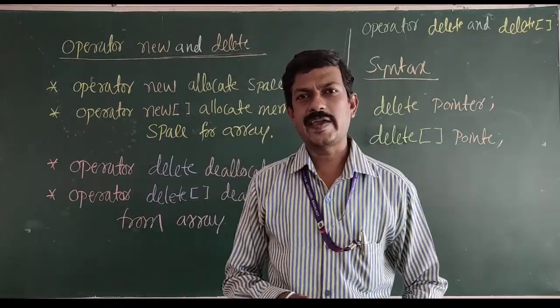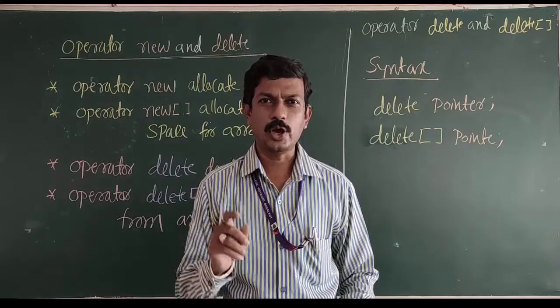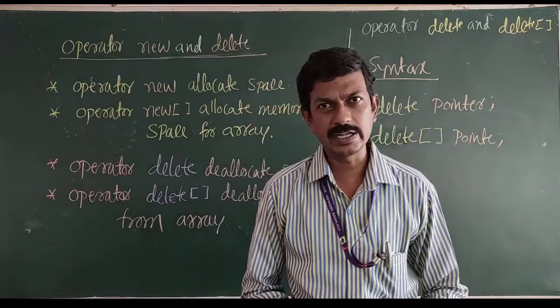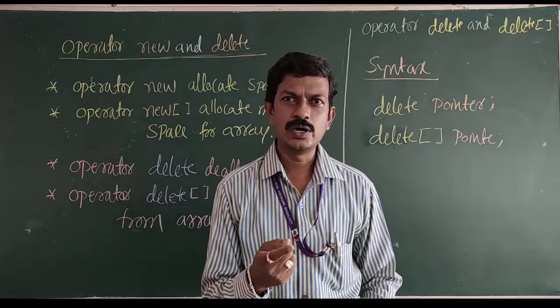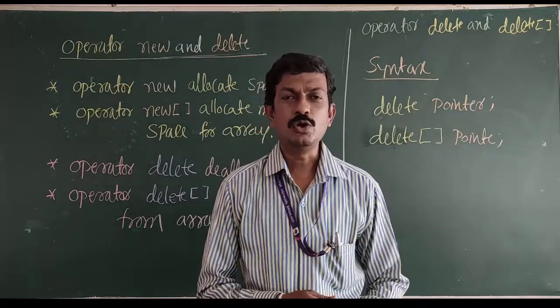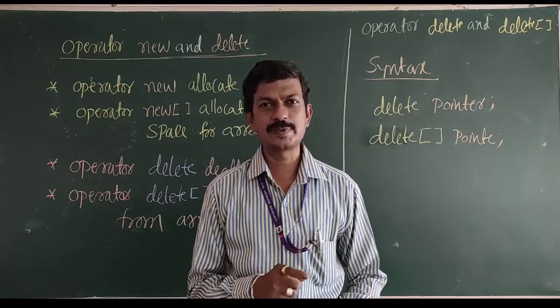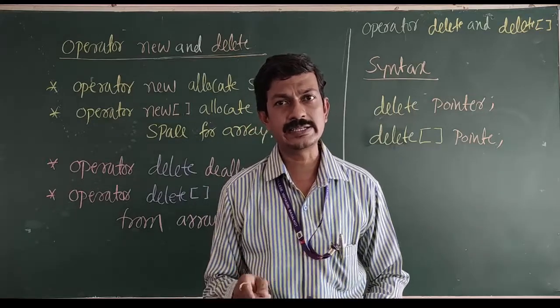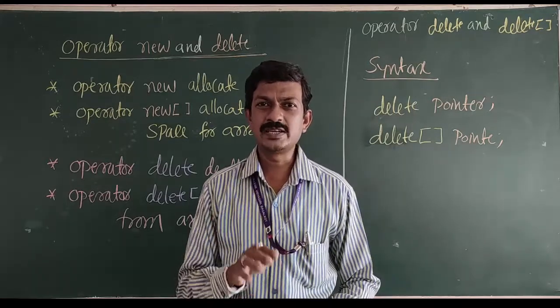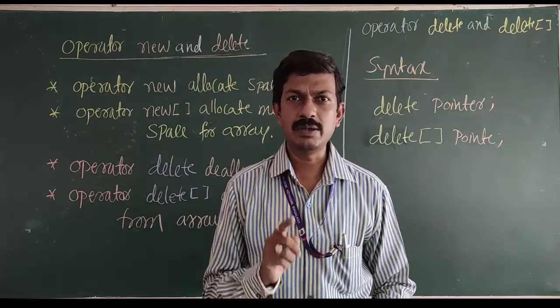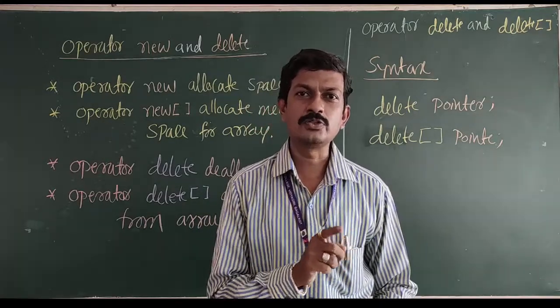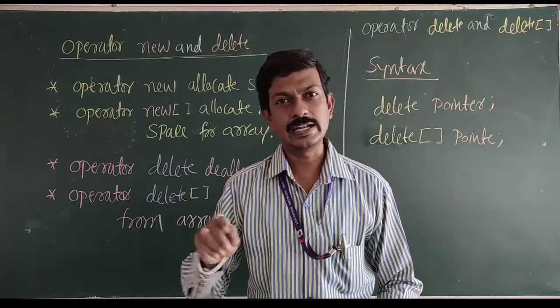Now we have allocated extra space for a normal variable as well as an array variable using two different operators, new and new with square bracket. Once we allocate this extra space and complete our job, we have to manually release the memory which we allocated for the normal variable as well as the array variable.